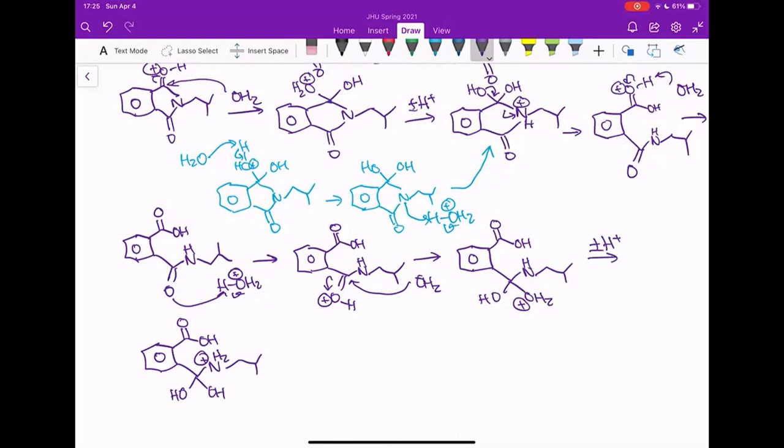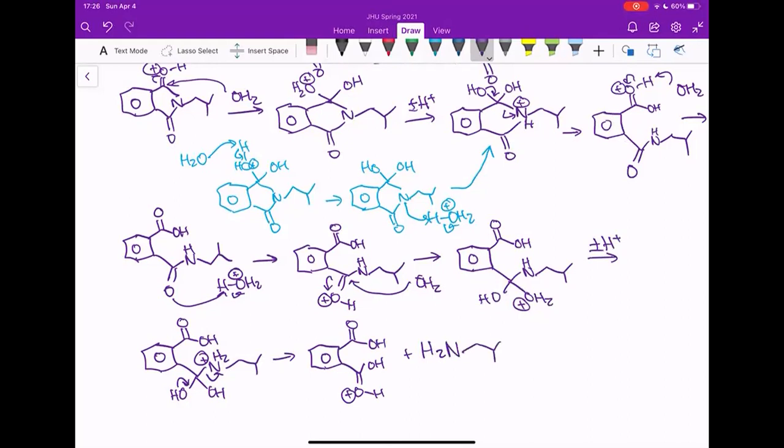Once we get here, that nitrogen is positively charged again, and so that makes it a good leaving group. So I'm going to swing some electrons down to kick it open. Okay.